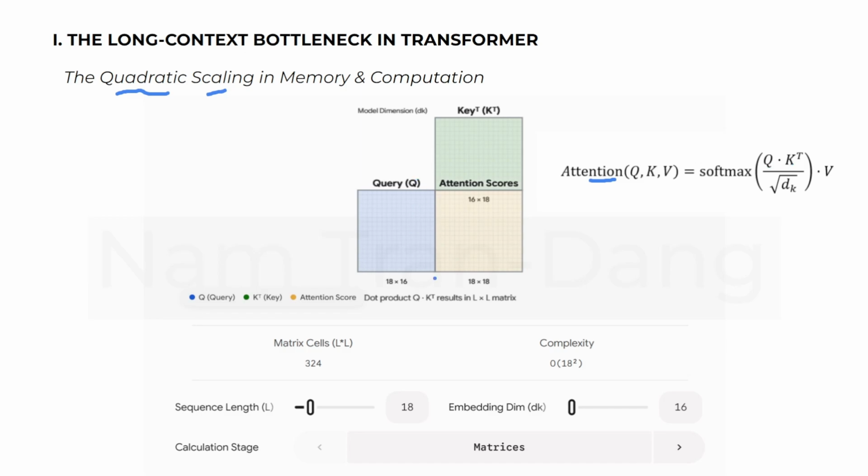Let's say we have a matrix of 18 by 16. When calculating the attention score, we need to transpose the matrix into 16 by 18, so we get a result of 18 by 18. So basically, it scales up to L to the power of 2. The more we increase the key and Q length, the more it scales quadratically, one of the biggest disadvantages of transformers.